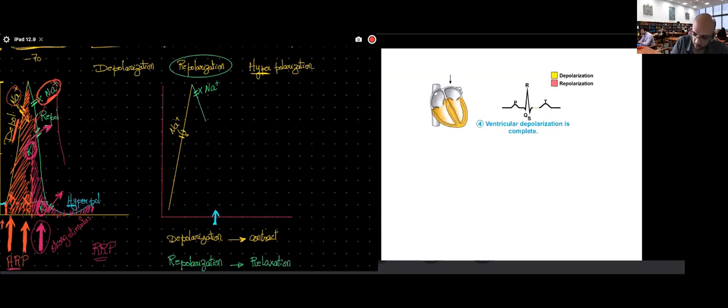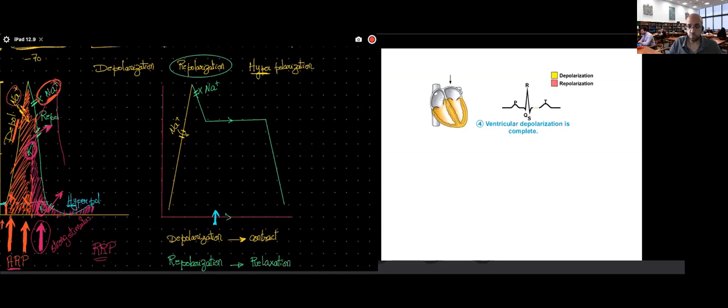This is my early repolarization phase. I want something that will delay the repolarization, something that will make the graph here become parallel to the x-axis.